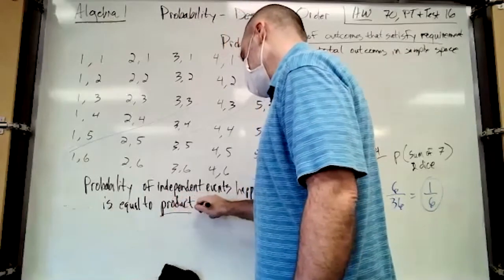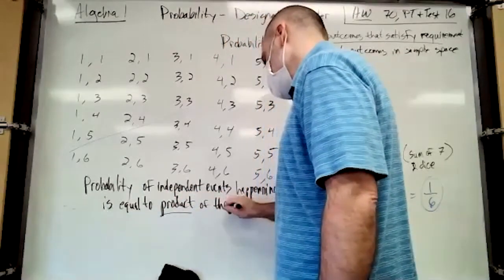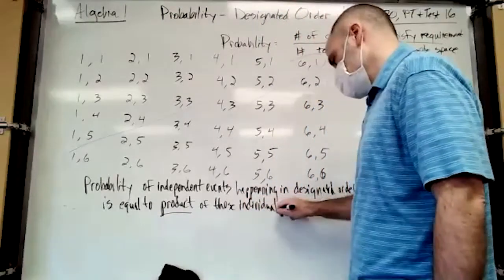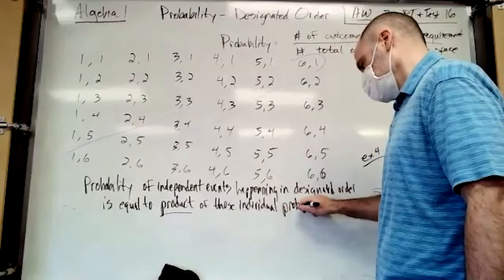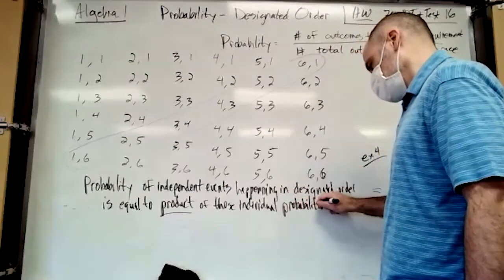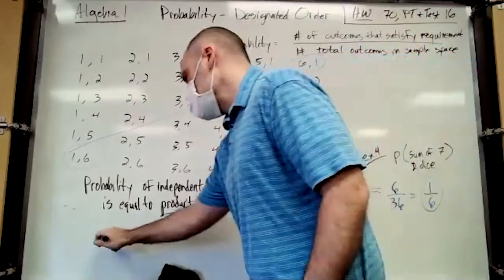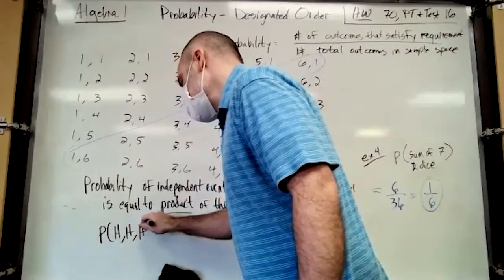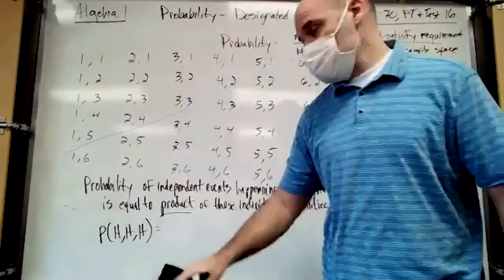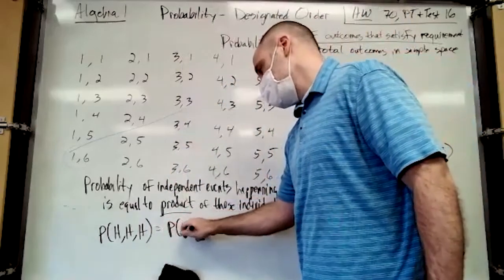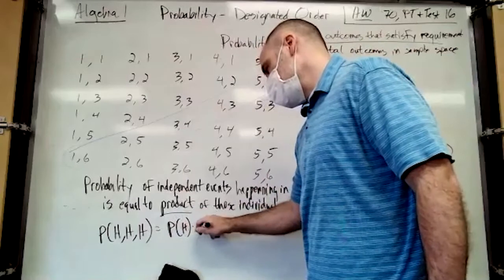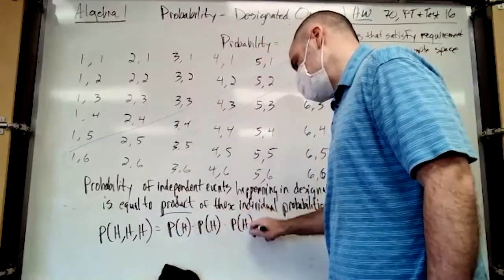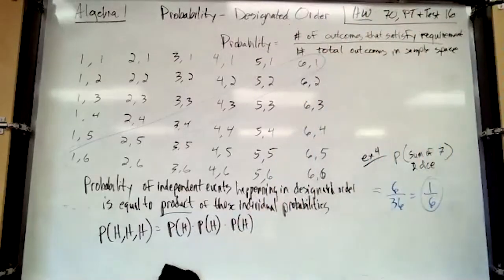Underline product of those individual probabilities. Okay, so when we go back to our probability of getting heads, that is just probability of heads times probability of heads times probability of heads. You just multiply those probabilities together.